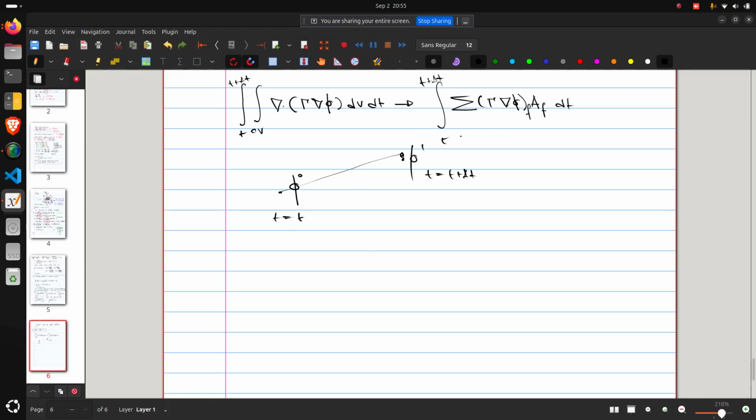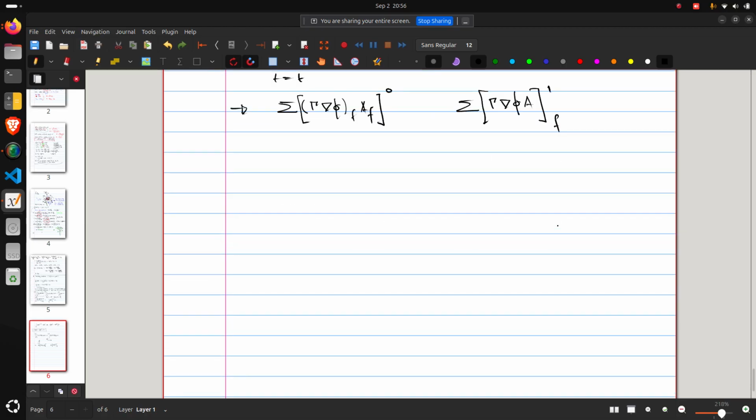So since this is an integration, we will take a linear combination of these two values. So the diffusion term will become a summation of Γ∇φ_f A_f at time 0, and also another term, summation of Γ∇φ A at face f at point 1, right?